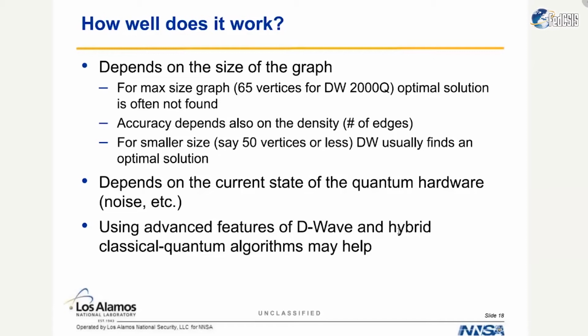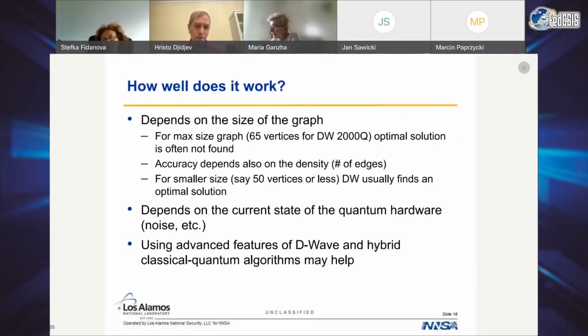But it's an interesting issue to study how the state of the computer itself changes in time, and actually it's one research problem that we are currently looking into. Okay, but in order to get better solutions, we can use some more advanced features of D-Wave and try to combine quantum and classical computing, which is actually the topic of the third part of the talk.